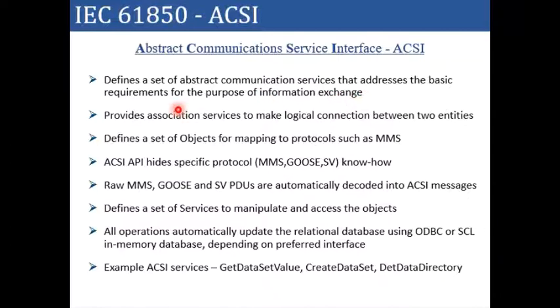So in the previous slide, you might have seen the SCSM layer, which is nothing but the specific communication service mapping, which maps the various services to various objects such as manufacturer messaging specification. So with the help of SCSM, ACSI will define the set of abstract communication services that addresses the basic requirements for the purpose of information exchange.